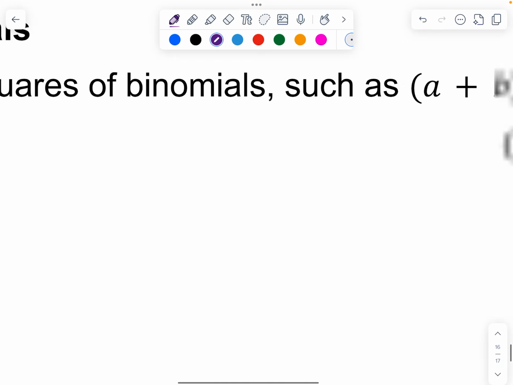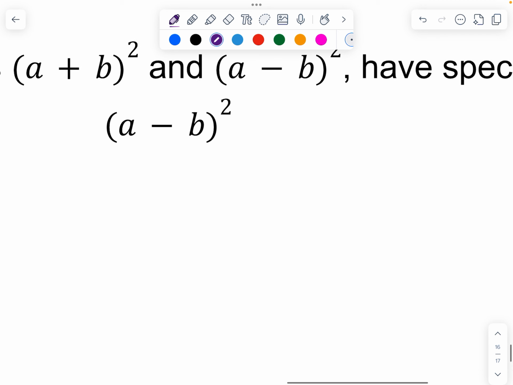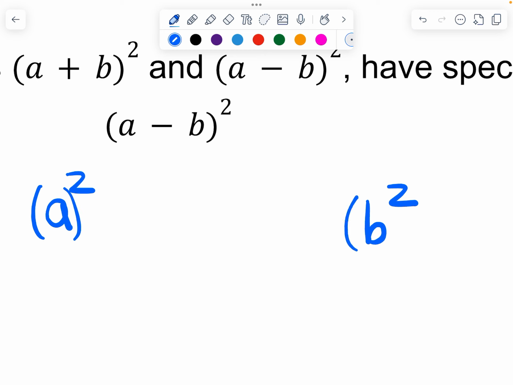Okay, on this one, the a is going to be squared, the b is going to be squared. We have a plus 2.